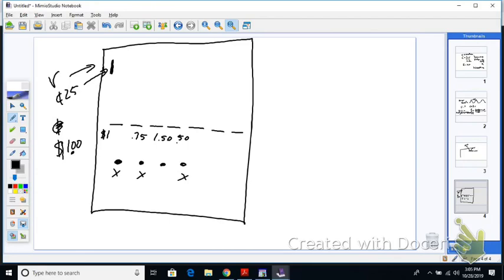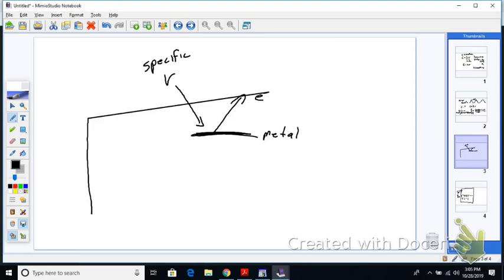So going back to this drawing, the frequency has to be high enough that you can get it out. That's called the minimum frequency required.